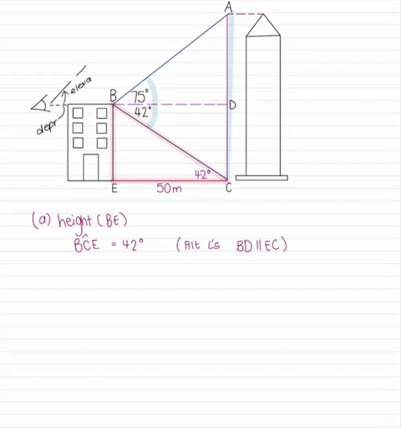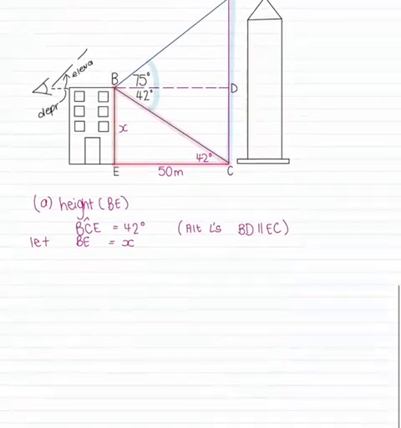Perfect. Now I have an angle, I have a side length, and I have my unknown. I just always like to give it a variable, all right, so that I don't have to keep on using BE. So I just say BE equals X, okay? And you can say let BE equal X because you're inputting it. Now from here, what we're going to do is we need to remember our SOHCAHTOA.